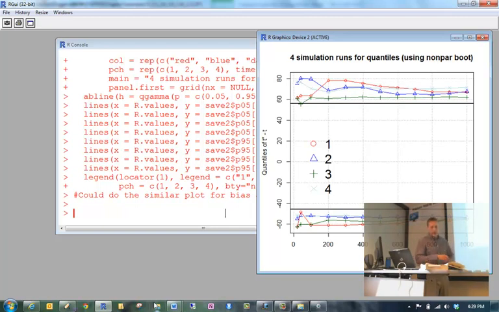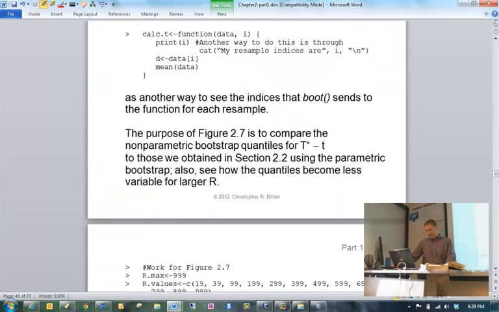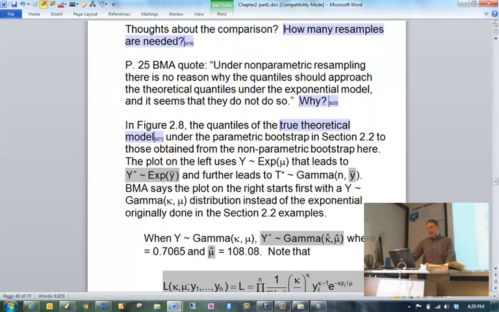Okay, so page 249. Now you can also see the differences between what the non-parametric bootstrap and the parametric bootstrap give you by looking at figure 2.8 in the book.